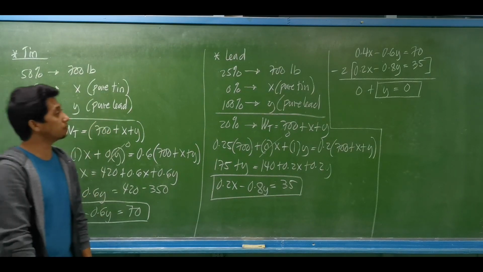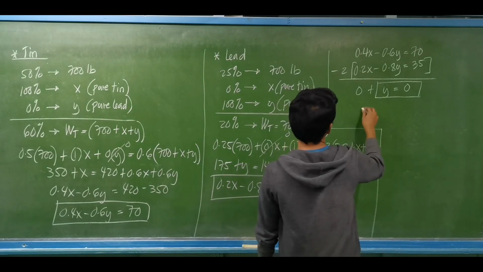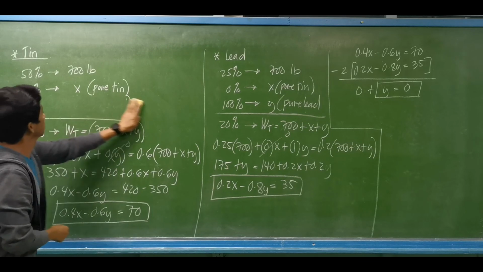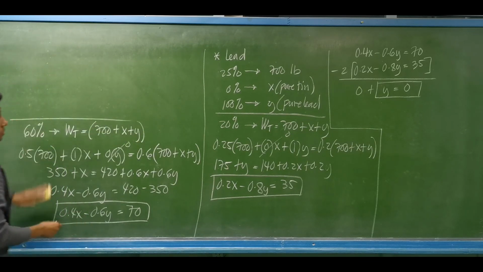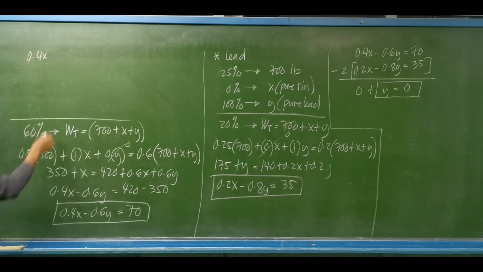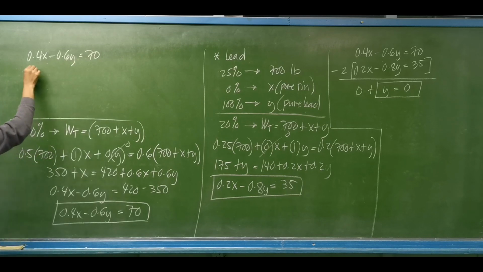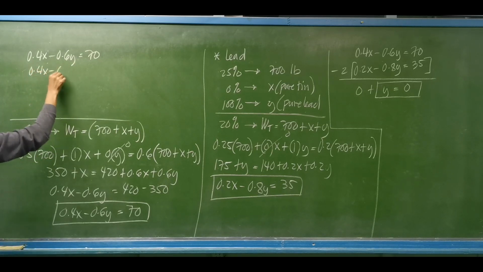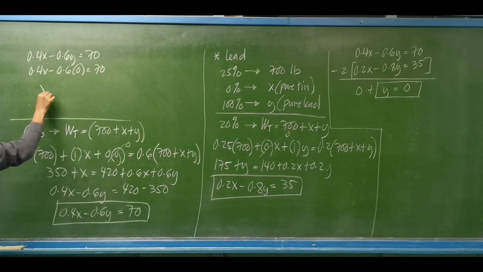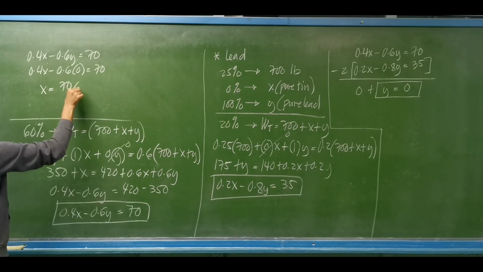So if we have now the value of Y equal to 0, can we now compute for the value of X? Since Y is equal to 0, from the first equation, 0.4 of X minus 0.6 of 0 is equal to 70. So the value of X is equal to 70 divided by 0.4.